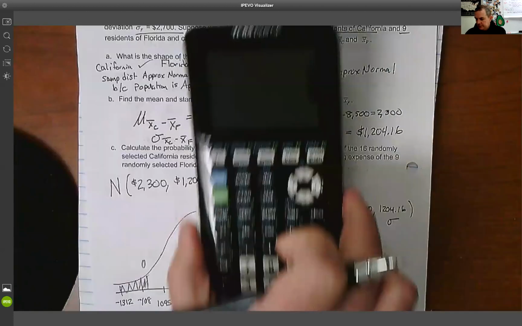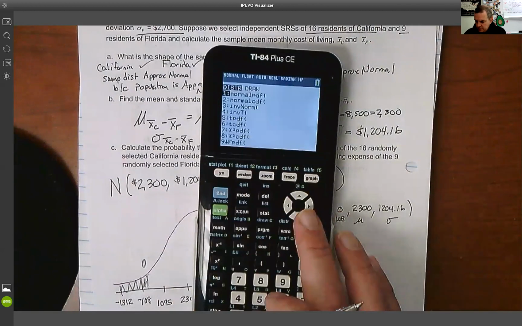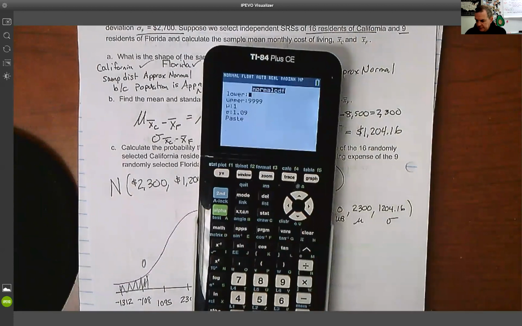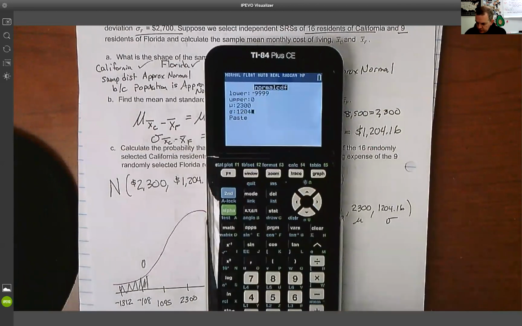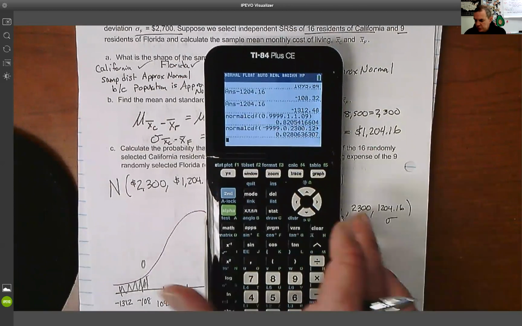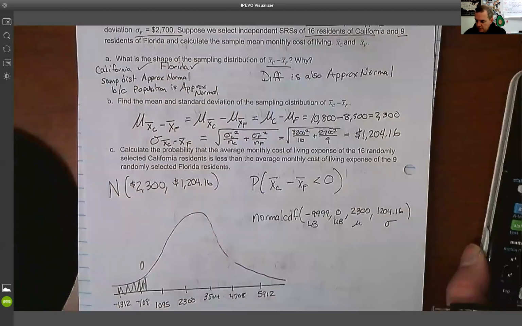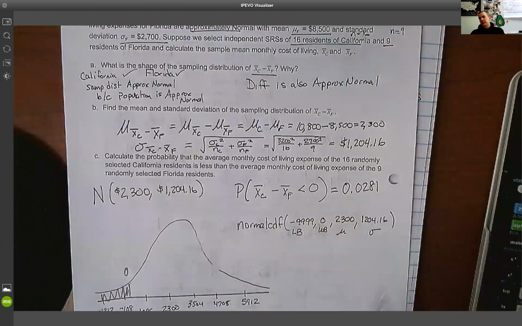Go to my calculator, second VARS, and do normalcdf: negative bunch of 9s, 0, 2300, 1204.16. Hit enter, and I'm going to get 0.0281. So this is going to equal 0.0281, a little bit less than 3%.